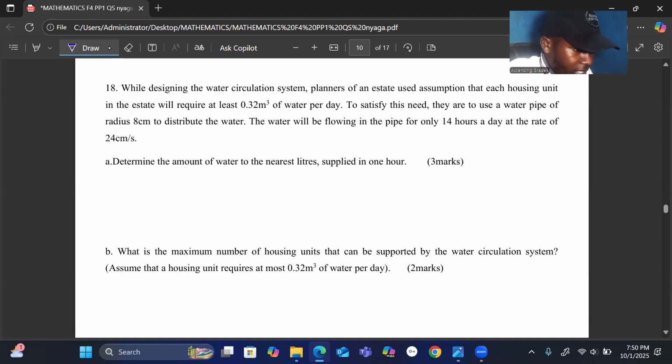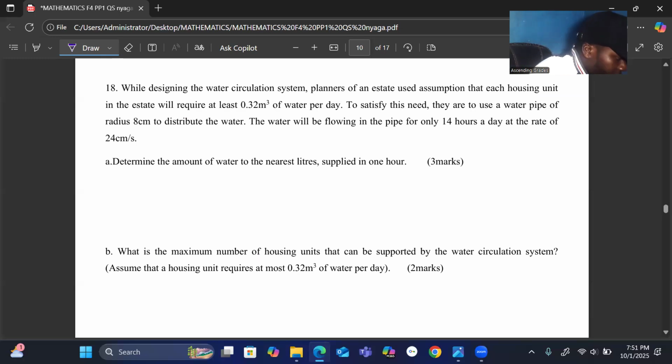To satisfy this need, they are to use water pipe of radius 8 centimeters to distribute the water. The water will be flowing in the pipe for only 14 hours a day at the rate of 24 centimeters per second. Now determine the amount of water to the nearest liter supplied in 1 hour.